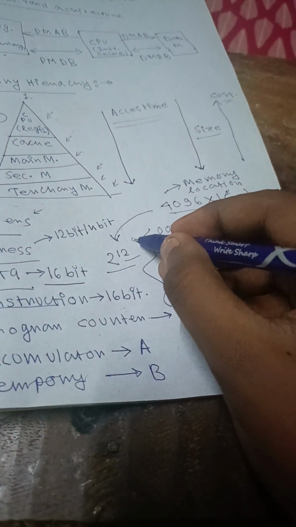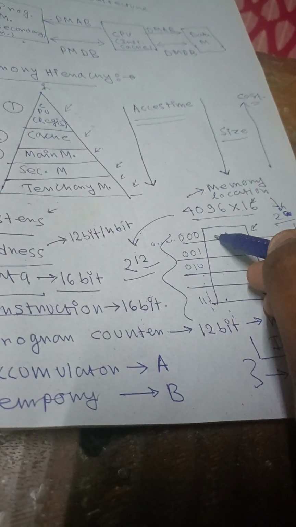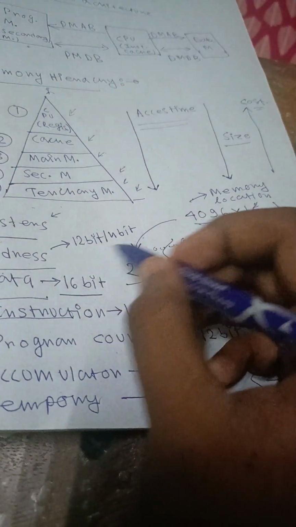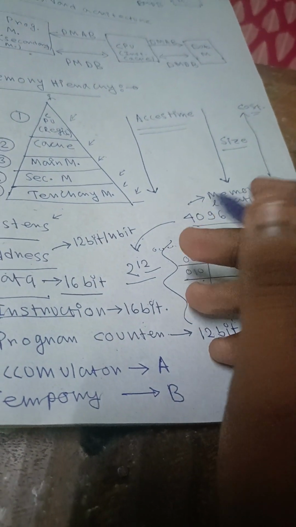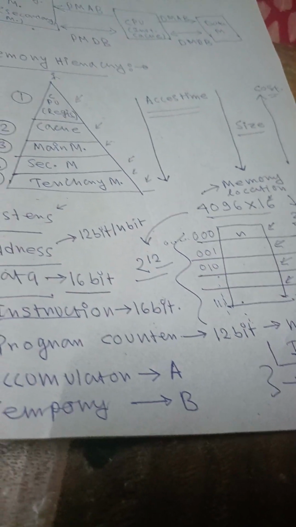For a 12-bit register there are 12 zeros. So if n is stored at the first place, the address of n is nothing but 12 zeros. So from this part we understand that.